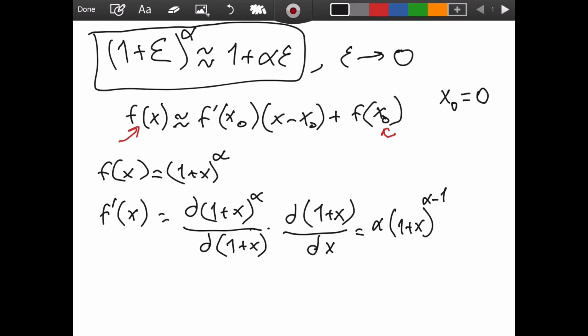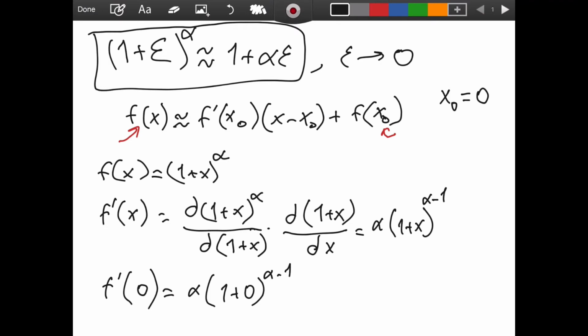Well, we said that x naught is equal to 0, and we have a formula for the derivative of f. For the derivative of f at point 0, we will just substitute 0 for x. So we will have alpha times 1 plus 0 raised to the power of alpha minus 1.